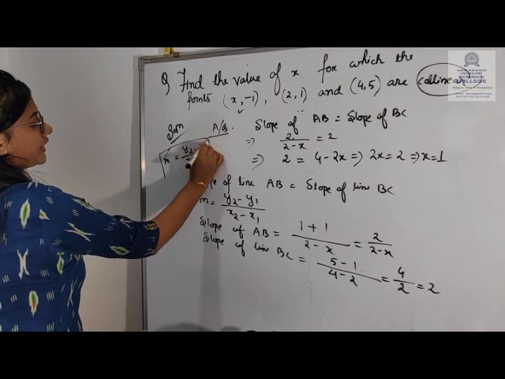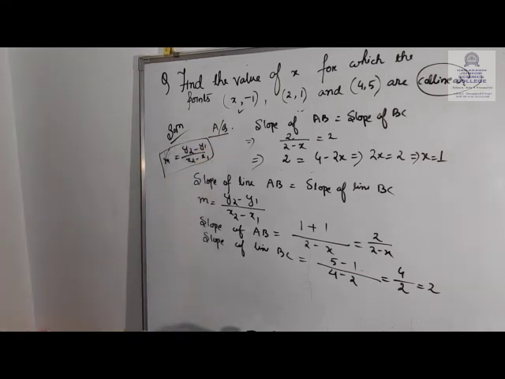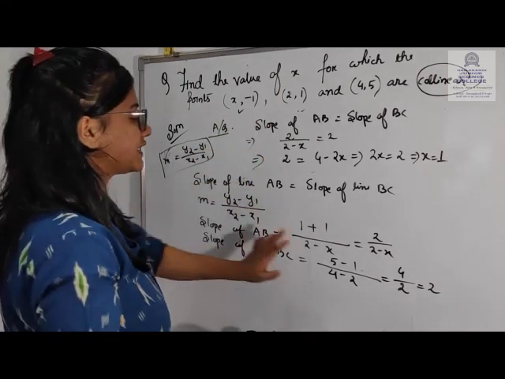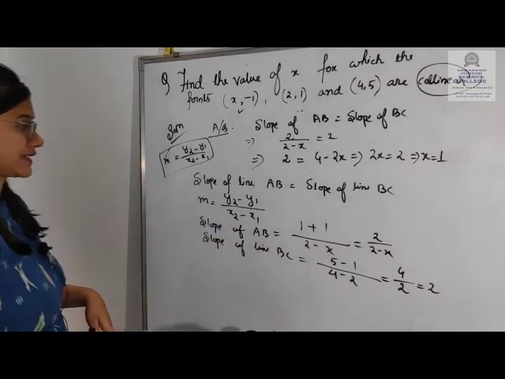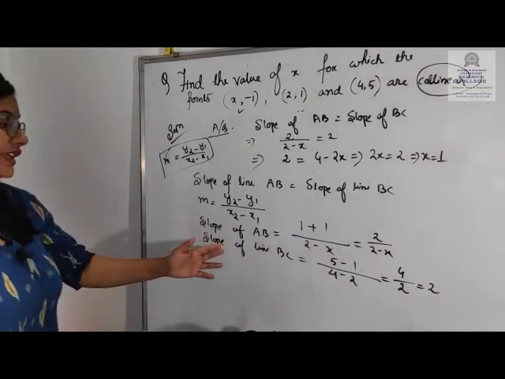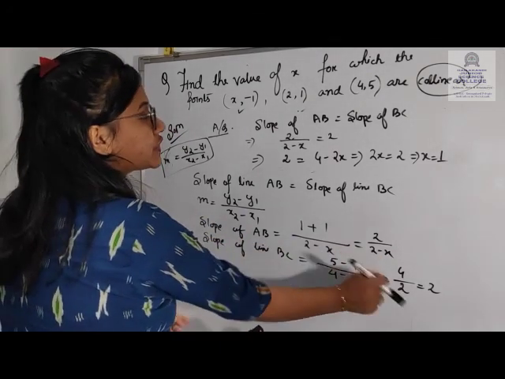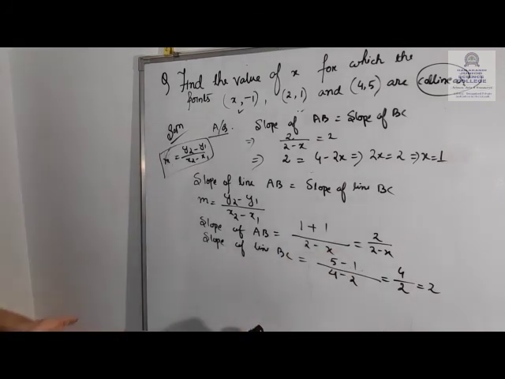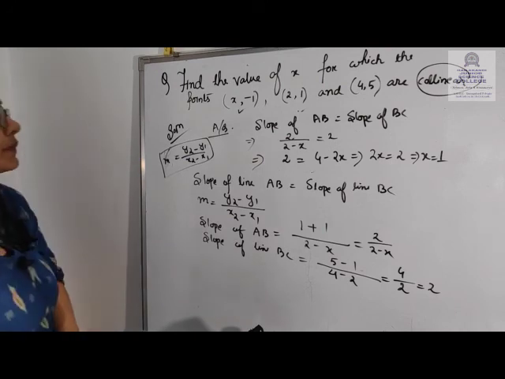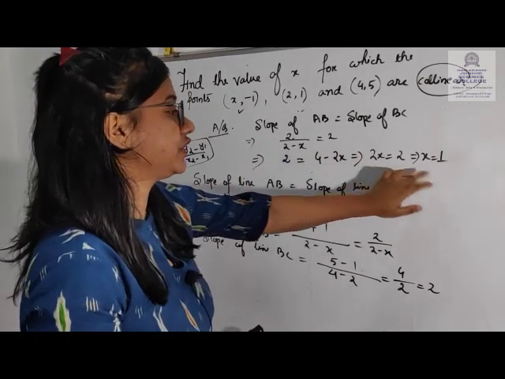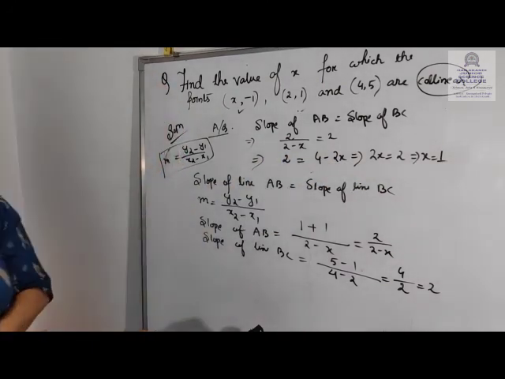The slope of line AB is 2 divided by (2 minus x). Similarly, the slope of line BC is 2. According to the question, the slope of AB equals the slope of BC, because they are lying on the same line. So the value of x is equal to 1.